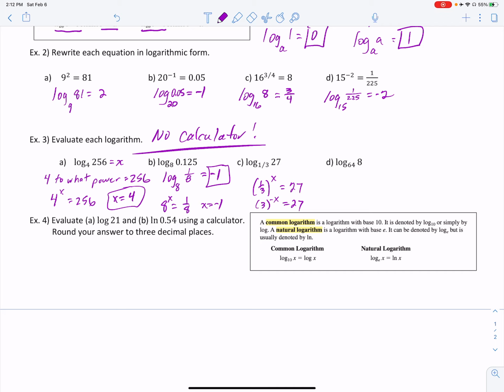And so that x is going to be negative 3. You need to make it negative so that the fraction flips, and then 3 cubed is 27.